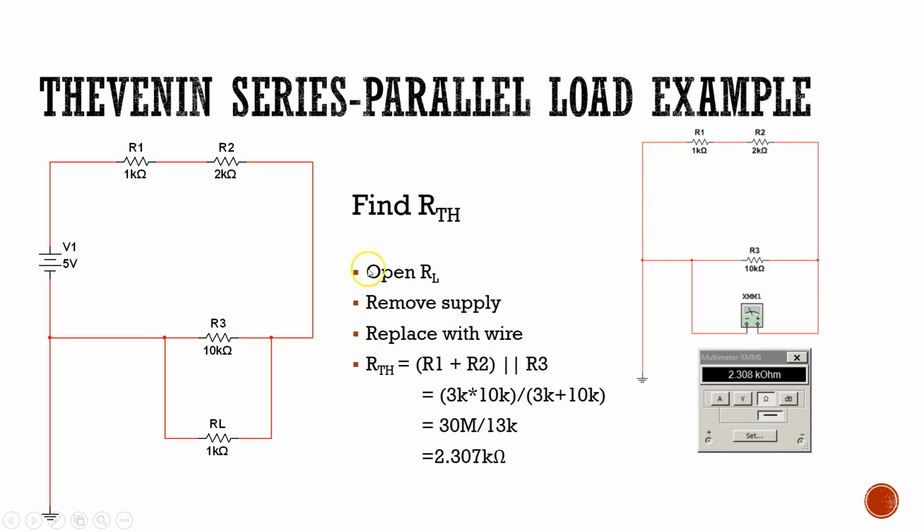And the next thing we want to do is find RTH. So again, we open RL, and here I would replace it with a meter set to measure the resistance across R3.